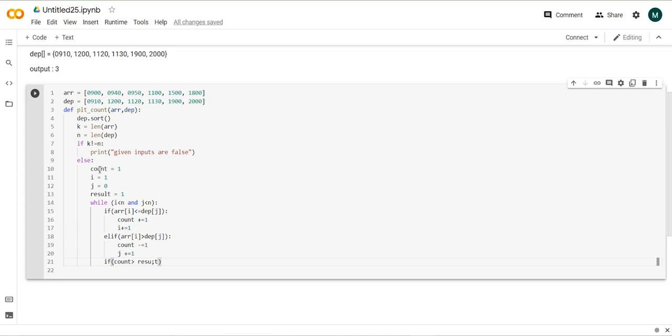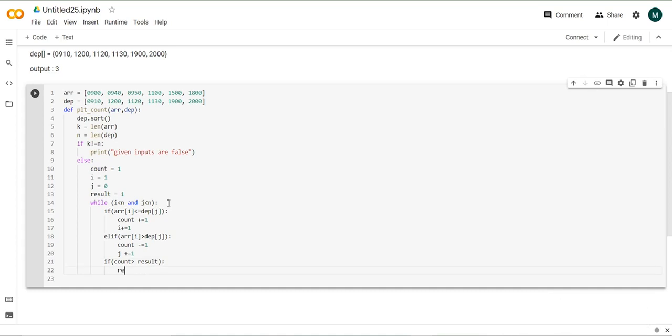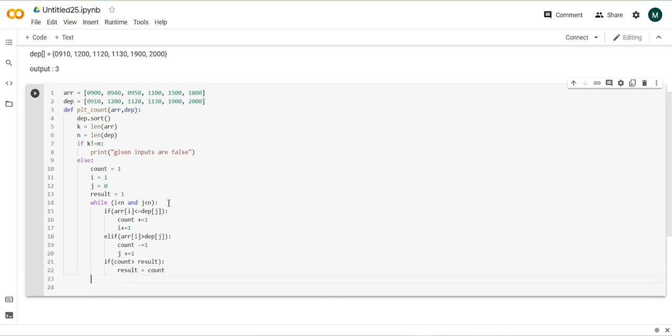So the count will be incremented, and result is equal to count. Then we return the result.